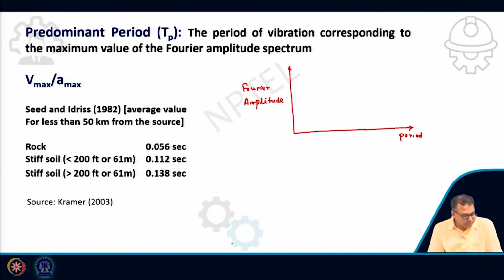If you draw it, then the period corresponding to the maximum Fourier amplitude spectra is called the predominant period.